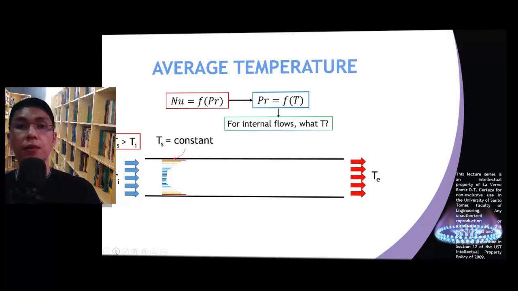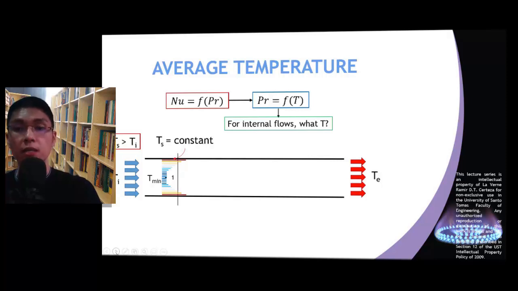Since the pipe is hotter than the fluid, then we can expect that as a fluid particle gets farther from the center of the pipe, its temperature starts to increase. Therefore, the temperature at the center of the pipe is the minimum temperature within the fluid flow. Now the question is, what is the temperature at this portion of the fluid flow?